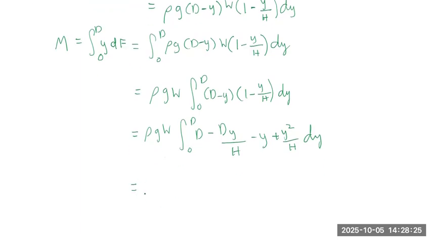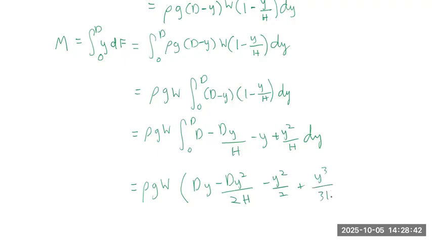And this is equal to rho g w times dy minus dy squared over 2h minus y squared over 2 plus y cubed over 3h, and then evaluate it from 0 to d.